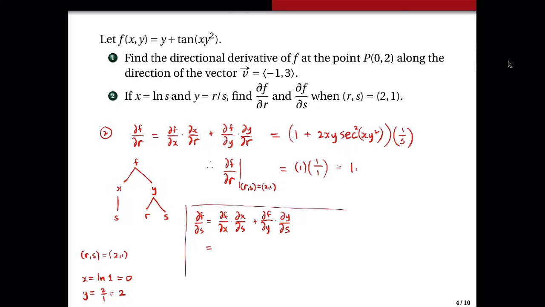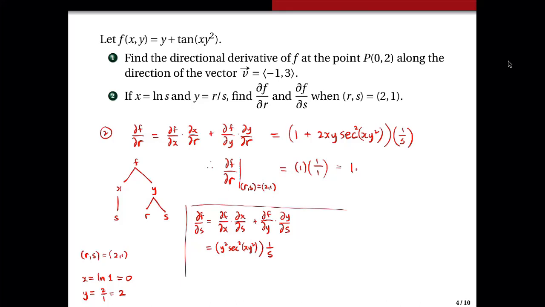Recall partial of f with respect to x. That was y squared secant squared xy squared. And now partial of x with respect to s, that's 1 over s. Right?